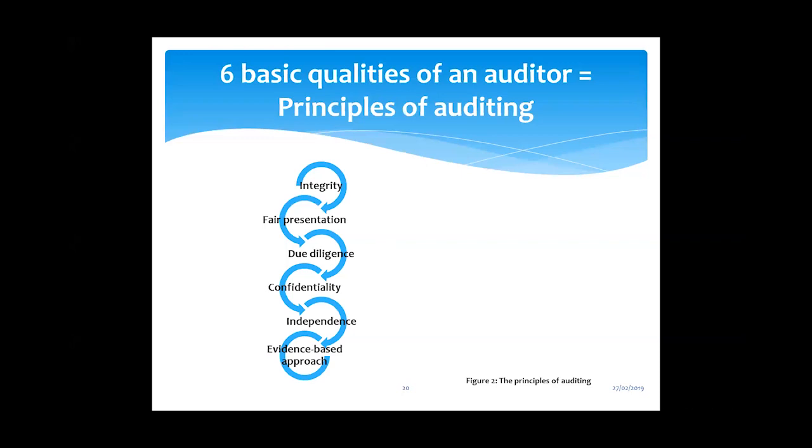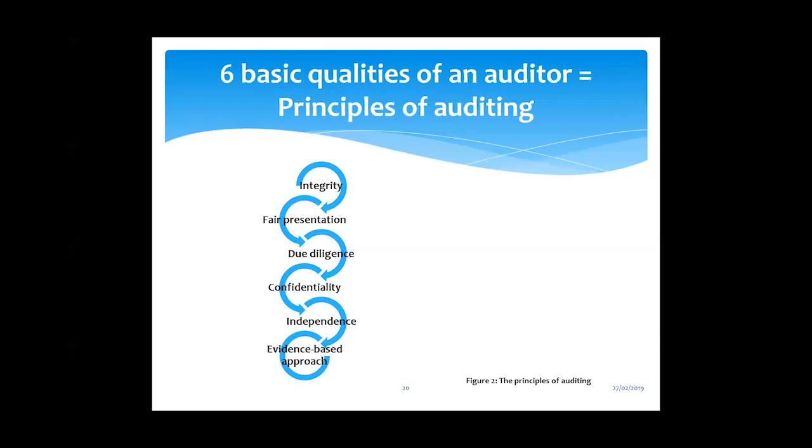The third point is due diligence, having the ability to make reasoned judgments in any audit situations. Fourth point, confidentiality. This is very important, whether you're conducting internal audits or external. Again, proper handling of sensitive or confidential information. Fifth point, independence.